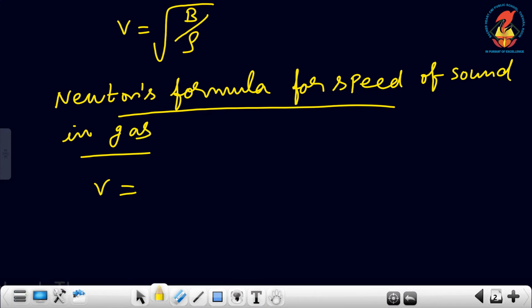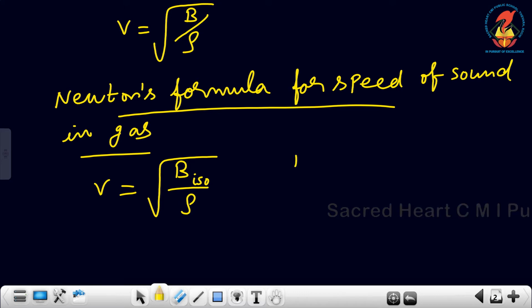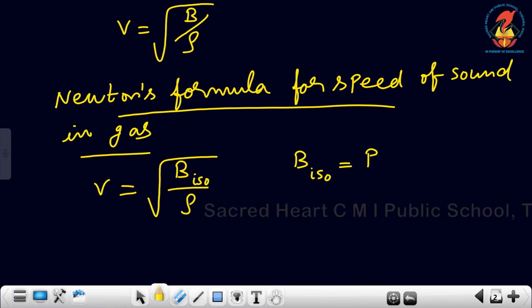Velocity of sound will be root of B isothermal by rho, and we don't have the derivations to study. By his calculations, he got B isothermal is equal to the pressure.